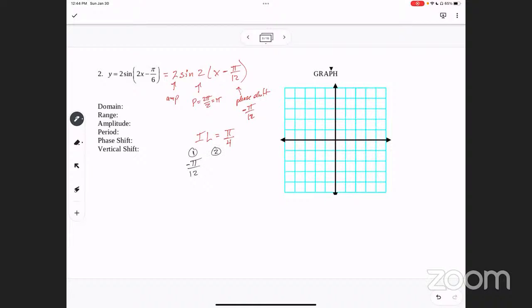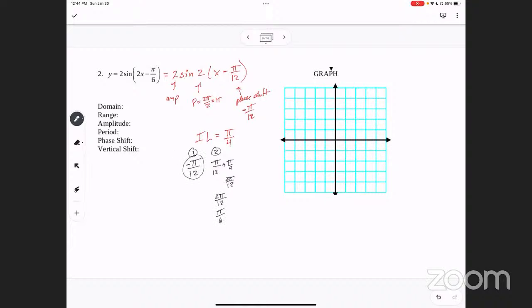My second point, I'm going to add pi over 4 to that. And pi over 4 is the same as 3 pi over 12, right? You see what I did there? So that's 2 pi over 12, which is pi over 6.